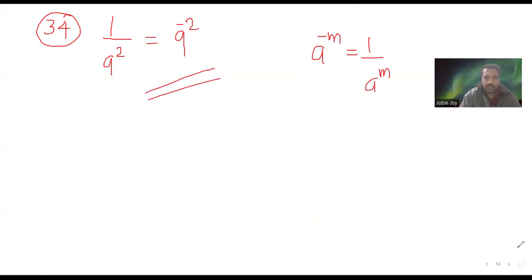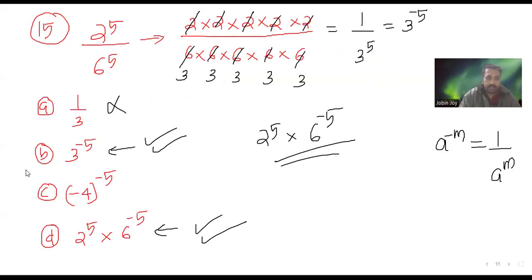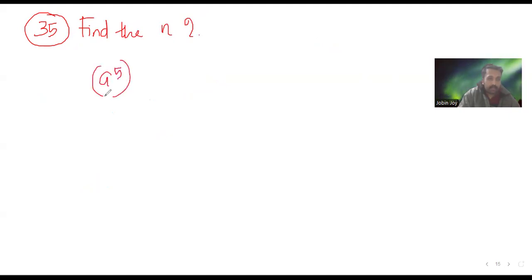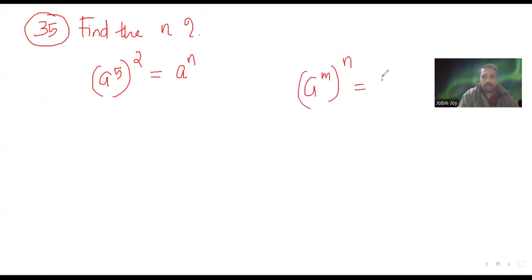Then question number 35. Find the value of n where a raised to 5, the whole raised to 2 equals a raised to n. We know that a raised to m, the whole raised to n equals a raised to m into n.